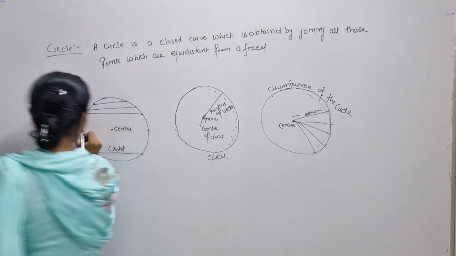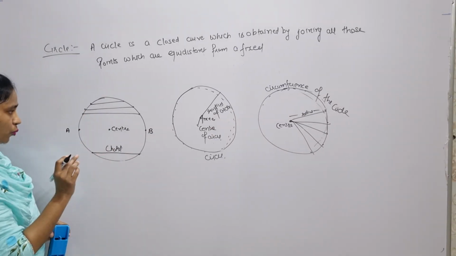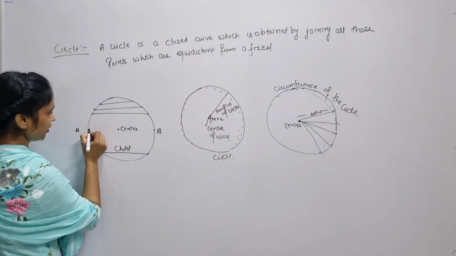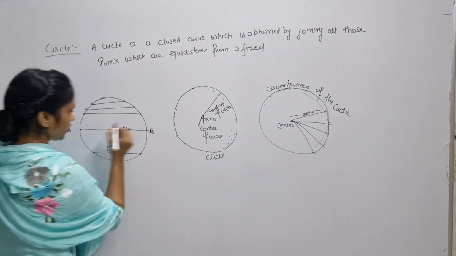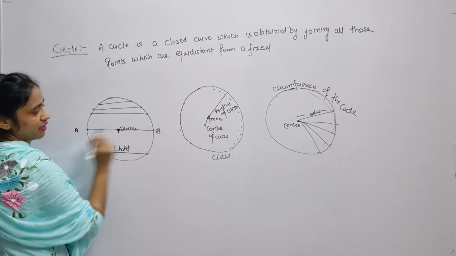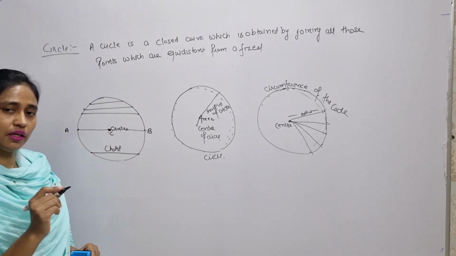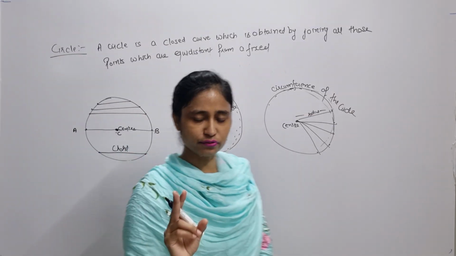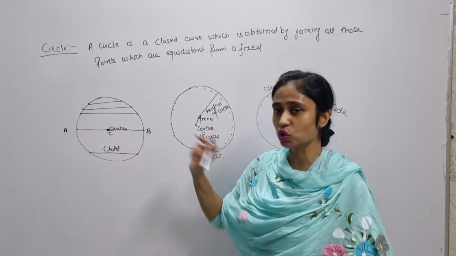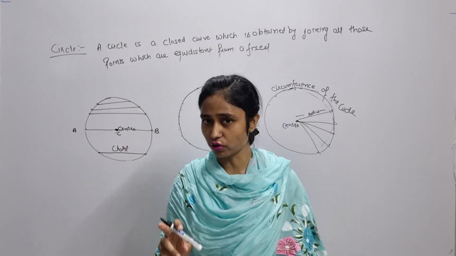See, suppose this is point A, this is point B. These two points are also on the circumference of the circle. When I join them, this line segment is passing through the center of the circle. Suppose the center of the circle is C. When I have joined these two points, that line segment is passing through the center of the circle.